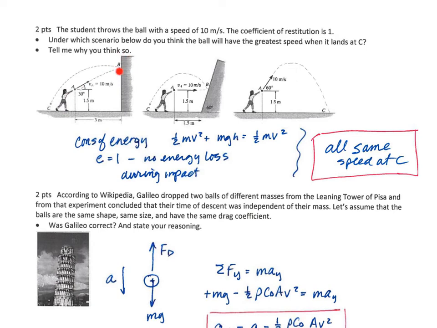If the coefficient of restitution is equal to 1, then the bounce loses no energy at all. So again, in that case, they all have the same speed. Now they're going to be approaching at different angles when they come down, but the speed, which is the square root of the sum of the squares of the components of the velocities, is going to be the same.